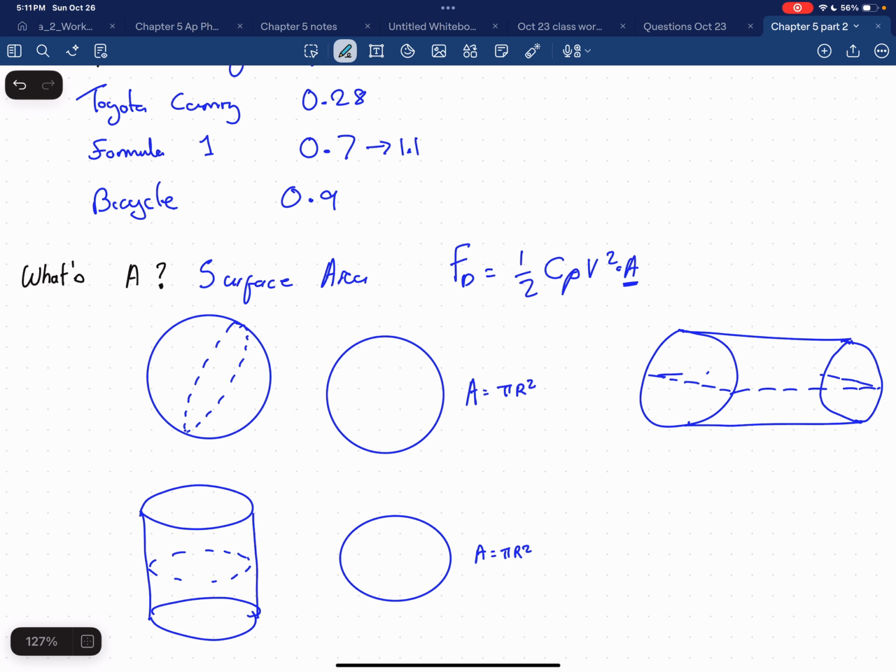What shape do I have? I got a rectangle. And the area of a rectangle is the length times the breadth. Well, this here would be the diameter of this circle.